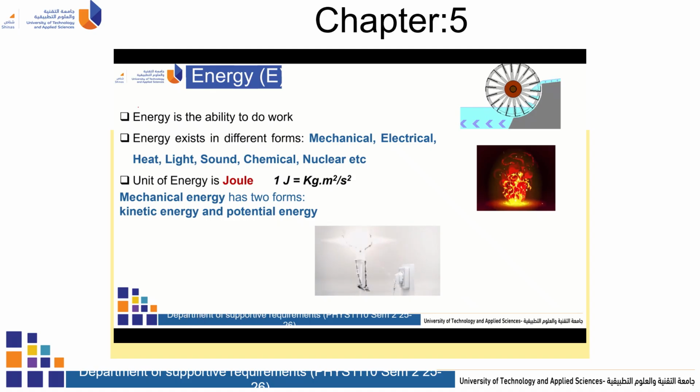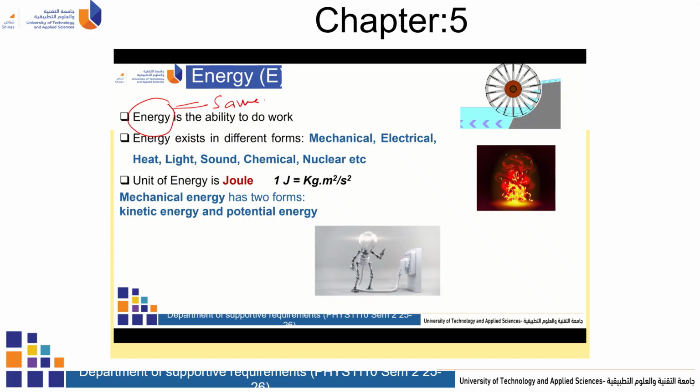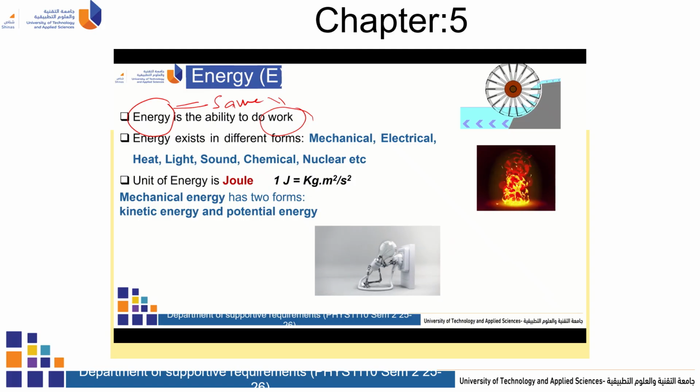Here the first line is: energy is the ability to do work. So energy is the same as work. As I told you, this is the definition of energy: energy is the ability to do work.